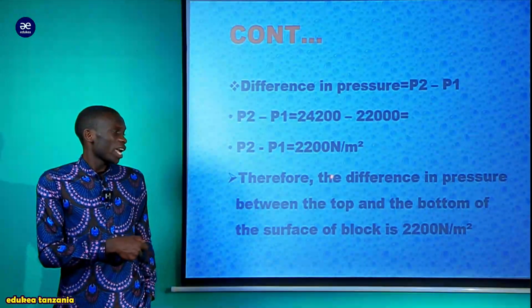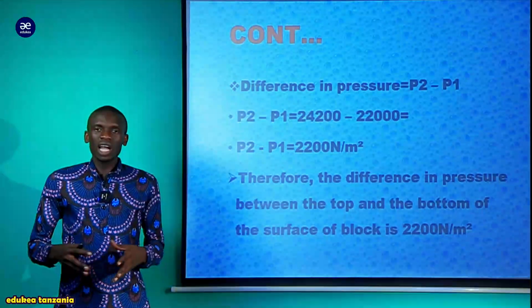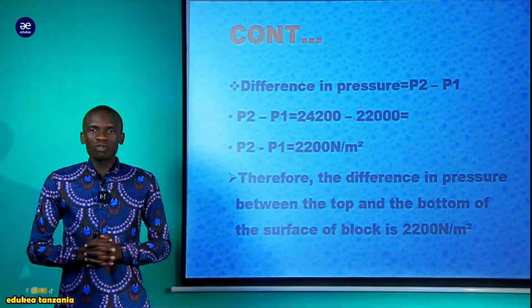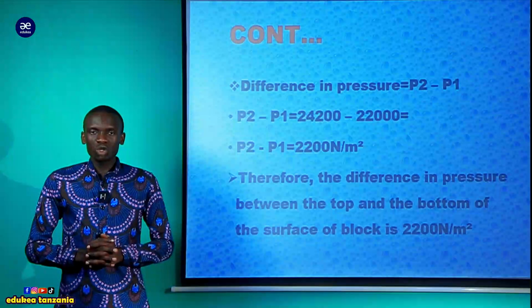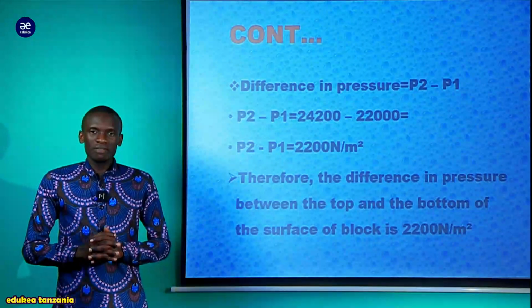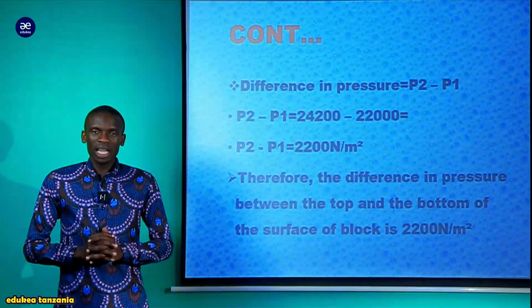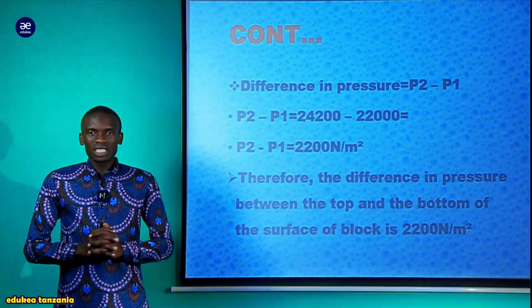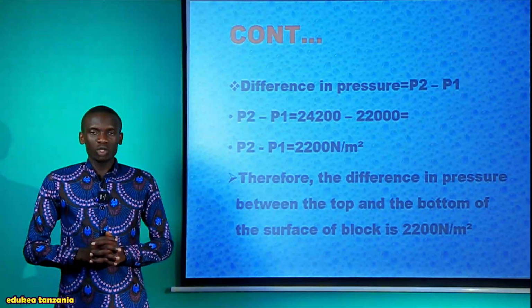Kwa utapata 2,200. Kwa pressure difference ilikuwa ni 2,200 Newton per meter square. That was the pressure difference between the top surface and the bottom surface.